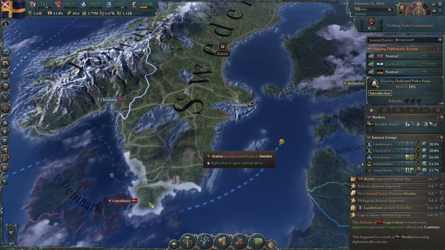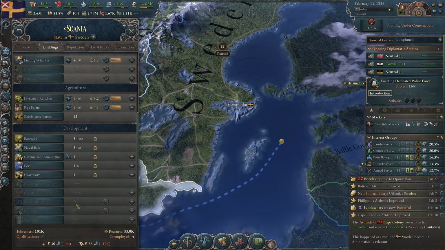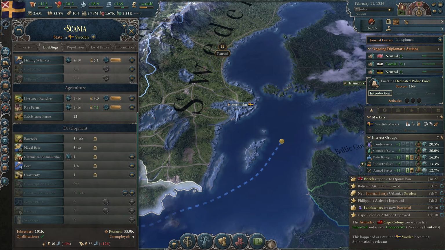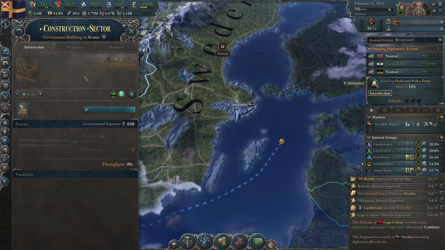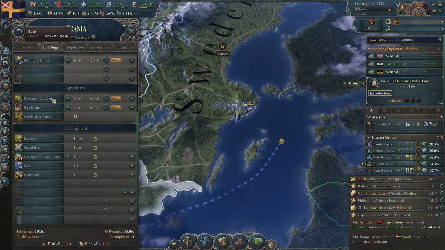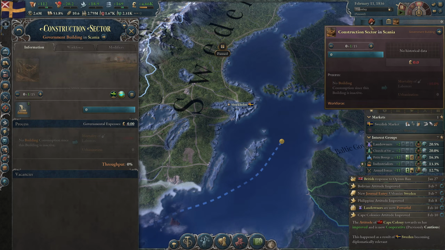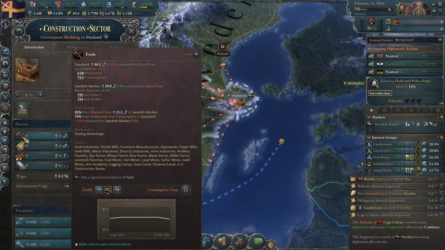If I would go to, for example, Scania, and I click on my construction sector, let's put it in, so now it's listed over here. No one is working here, so I can't change it, but we will have the second production method. We already know that we need wood, iron, cloth, and tools for it, right? Yeah.